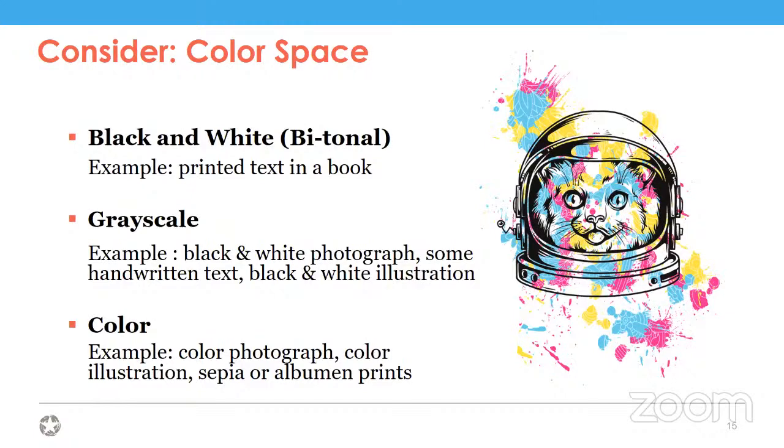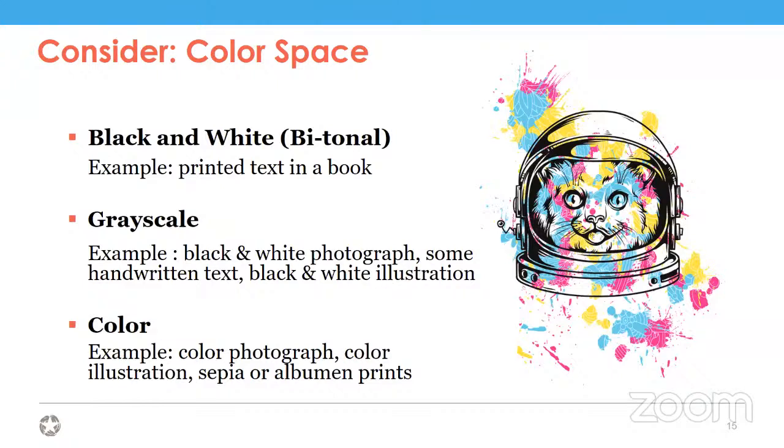Okay, so for example, black and white, or bitonal, is literally just black and white. Often, if you're thinking of print text, text printed in a book, it is black and white. You have the background, like the white page, and the black text on it.